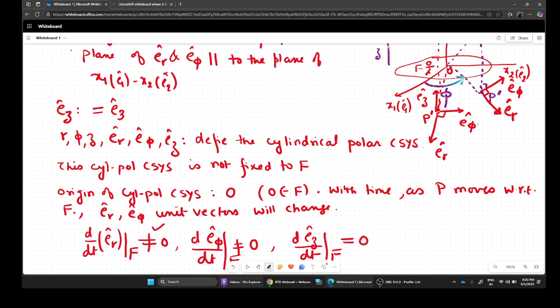The fact that there is at least one unit vector which is changing with time leads us to the conclusion that the cylindrical polar coordinate system is not frame fixed.